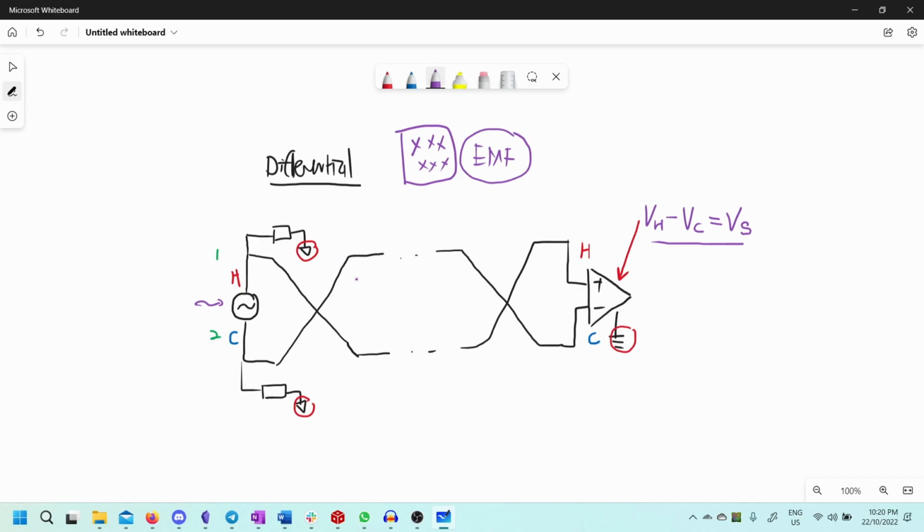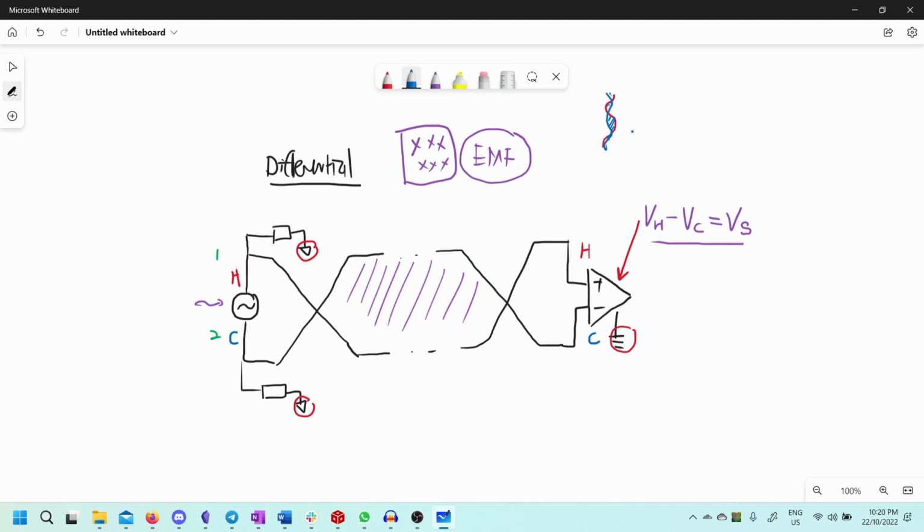Well, then you might ask, what happens if there is a changing magnetic field here, in between the hot and cold conductors? In a real world scenario, these hot and cold conductors are constructed as what is called twisted pairs. So inside the wire, this hot wire goes like this, and the cold wire goes like this. They're twisted together in such a way that the area between them, the separation between these two conductors, is very, very small.